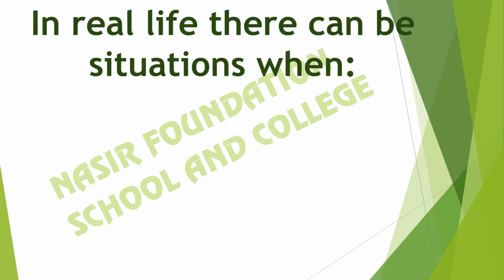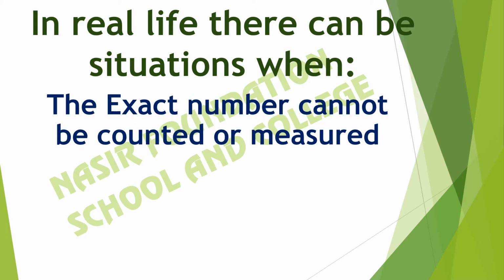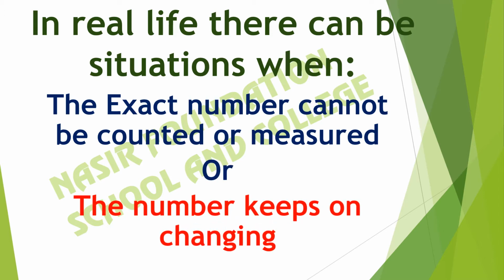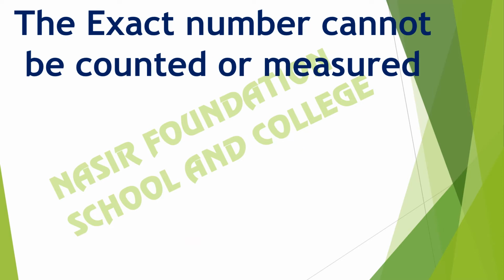In real life, there can be situations when the exact number cannot be counted or measured, or the number keeps on changing. Let's take examples. The exact number cannot be counted or measured. Can you tell me any example? Let me tell you.